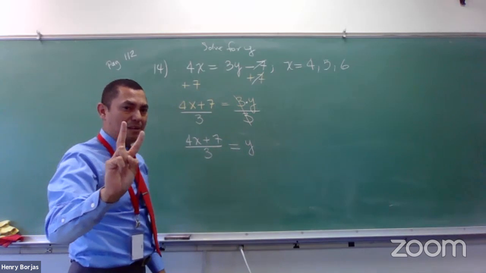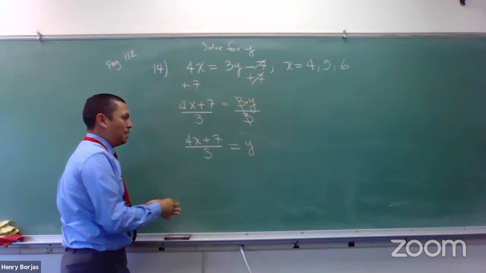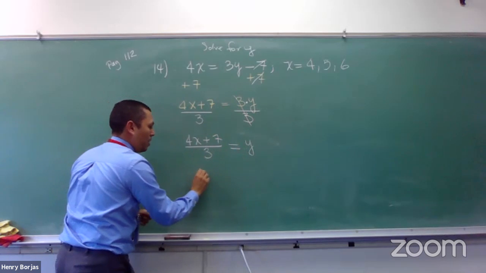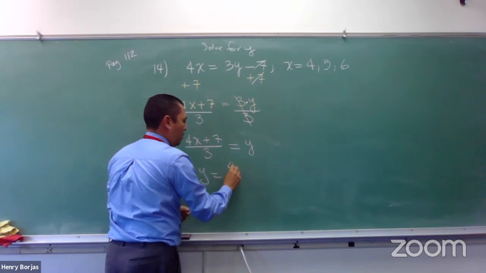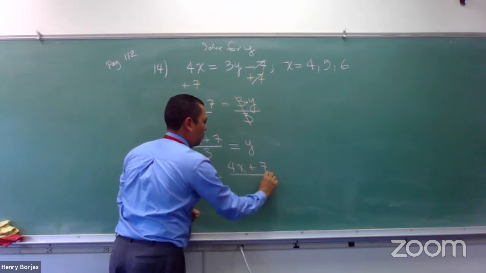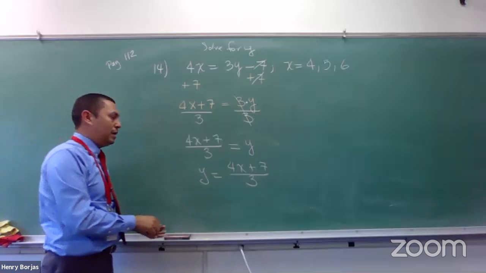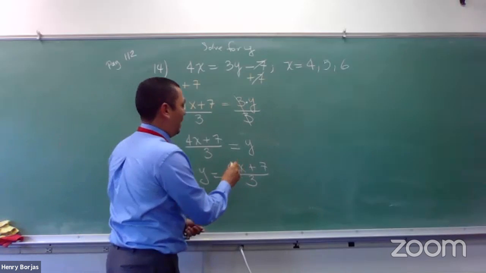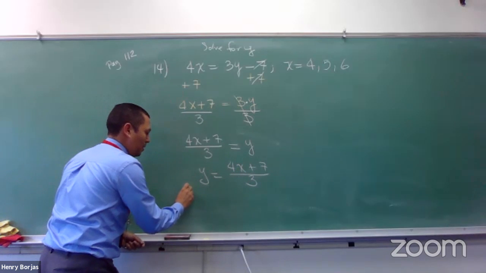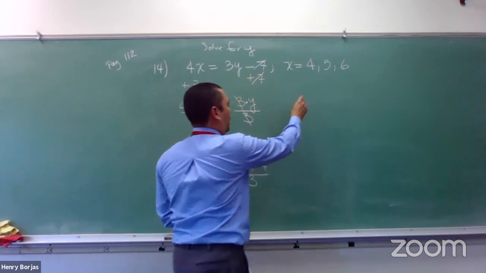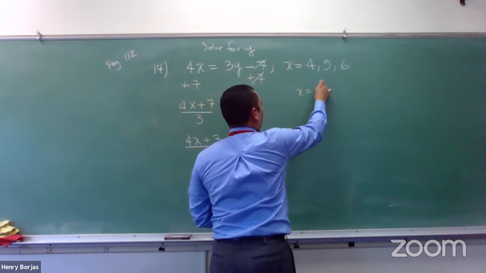Commutative property, you can switch those terms. So you have y is equal to 4x plus 7 over 3. Now we're going to evaluate. In this case, we have that x is equal to 4.